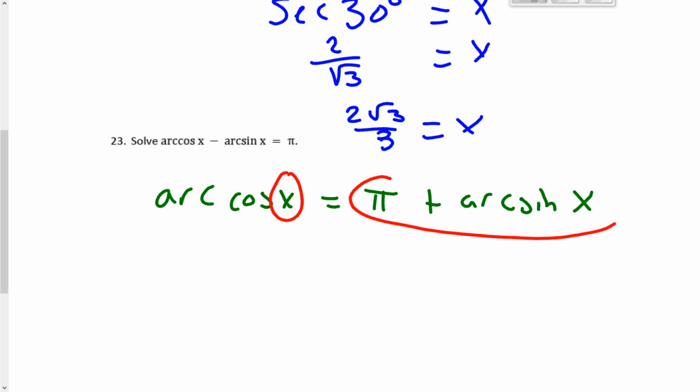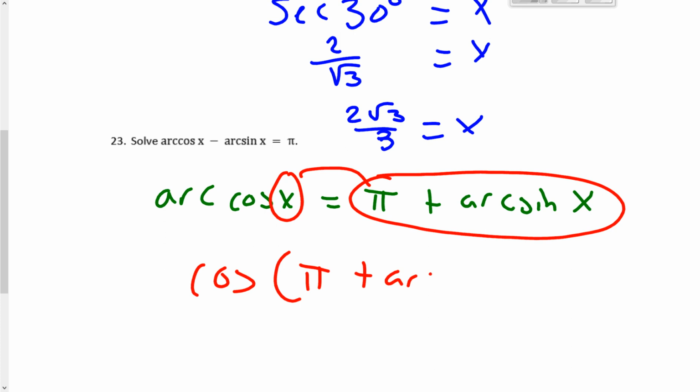So these switch places. The inverse of arc cosine is cosine. So cosine of pi plus arc sine of x, and arc sine of x is just an angle, equals x. Now I can use the sum formula for cosine, which is cosine goes with cosine.